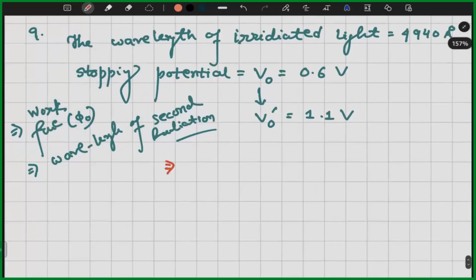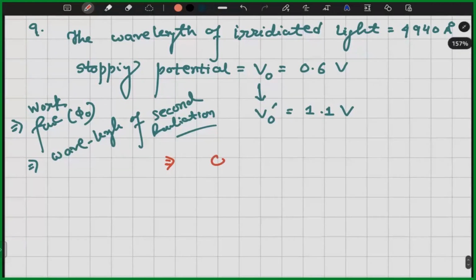First, the stopping potential is given. This is the wavelength of the irradiated light. So here we have to find out, okay, from stopping potential, we know that K max is equal to energy minus work function, and energy means hc by lambda, the energy of the irradiated light.